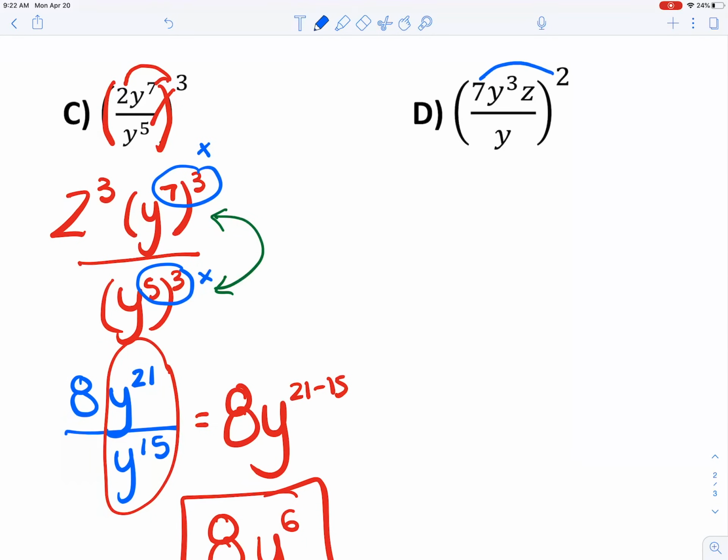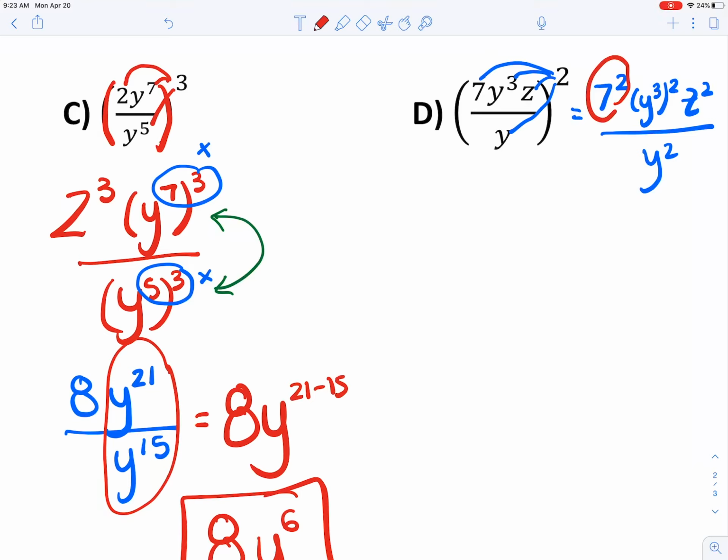All right, so taking a look at letter D, I'm going to distribute this 2 to all of these things. So we've got 7 squared, y to the third squared, z squared, over y squared.